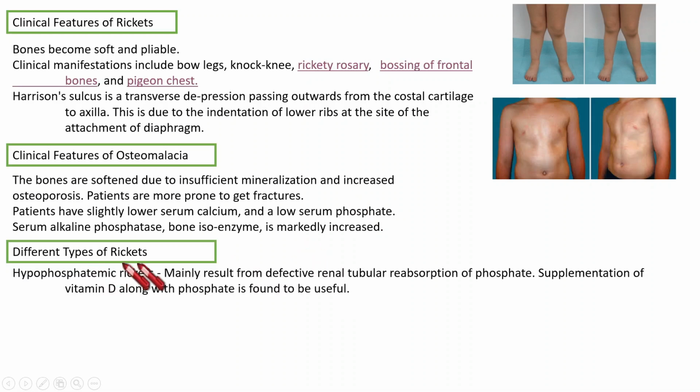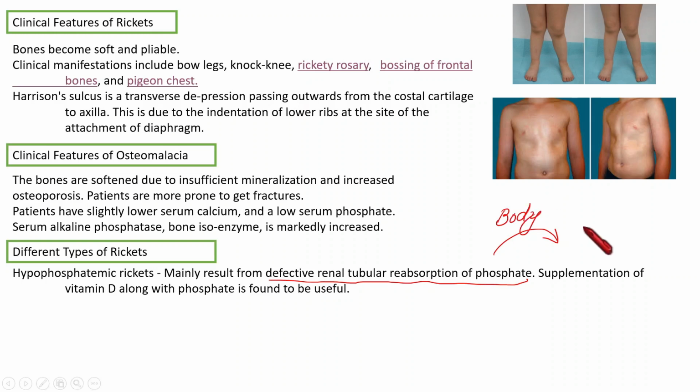Then which are the types of rickets? Hypophosphatemic rickets. How does it happen? It happens mainly because of defective renal tubular reabsorption of phosphate. Reabsorption of phosphate is not properly taking place, which means it is being excreted out of our body.